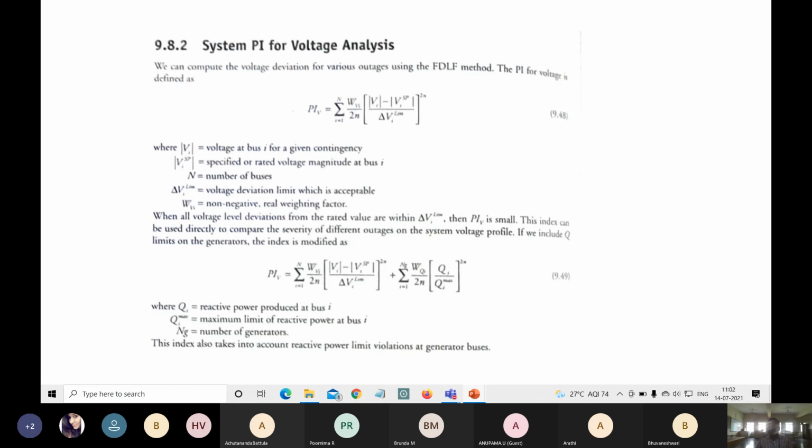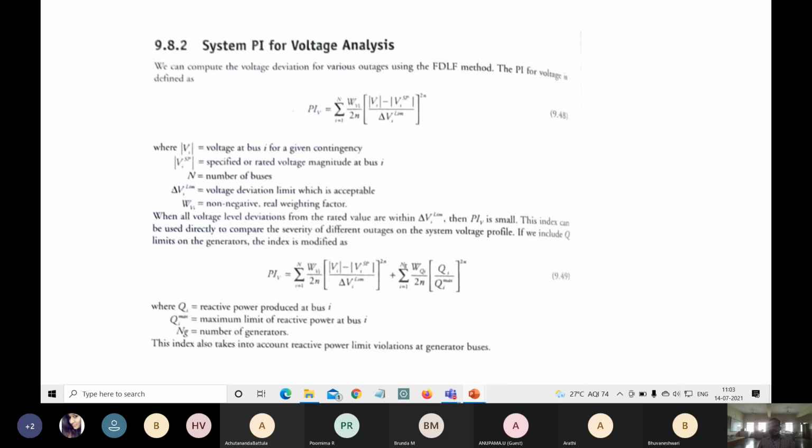And W_Vi gives you the non-negative real weightage factor. Same as in the previous case, the weightage factor is the same here also. So when all the voltage level deviations from the rated value are within delta Vi limit, then you go for PIV, the performance index voltage.